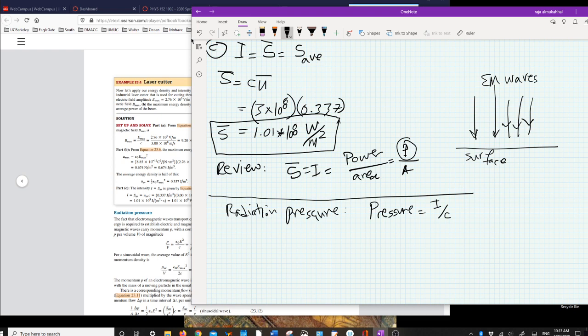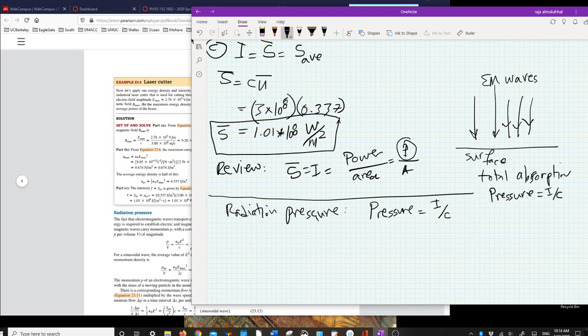Now, if the surface would totally absorb the electromagnetic wave, then the total pressure on it would be I over C. So for total absorption, the pressure in this case is going to be I over C.